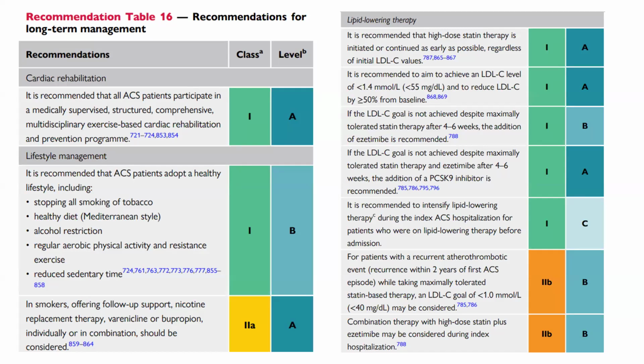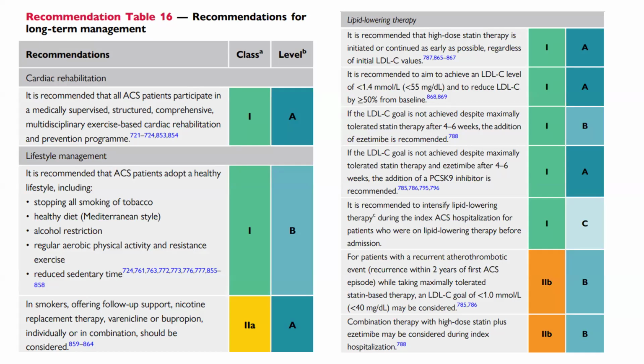With respect to lipids, we said the target LDL is less than 1.4 because they have established ASCVD risk. And if you're unable to achieve that target, you have the role to add other medications. PCSK9 inhibitors and ezetimibe are all part of the recommendations.